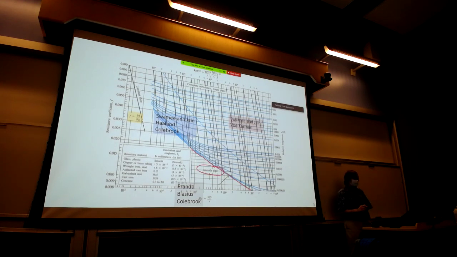And that's where you have 3 equations just for that one curve. And again, the Moody diagram has 3 zones: laminar, transition, and turbulent. And the smooth pipe curve never escapes the transition zone.